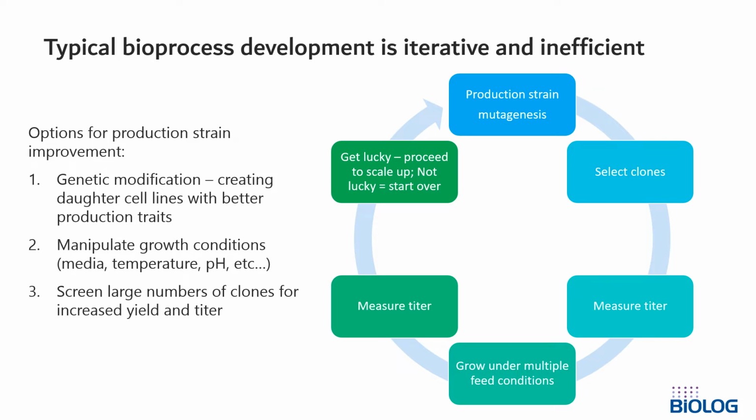So this is this iterative circle where we start with the strain, mutagenize it, select clones, measure their titer, then we grow under multiple feed conditions, measure the titer again, and if you get lucky, we proceed to scale up. If not lucky, we start over. So this is a process that oftentimes gets repeated over and over again.